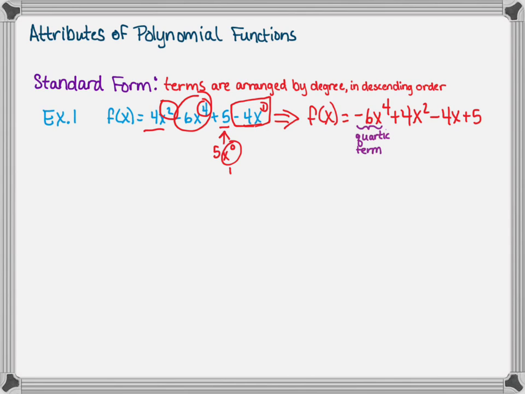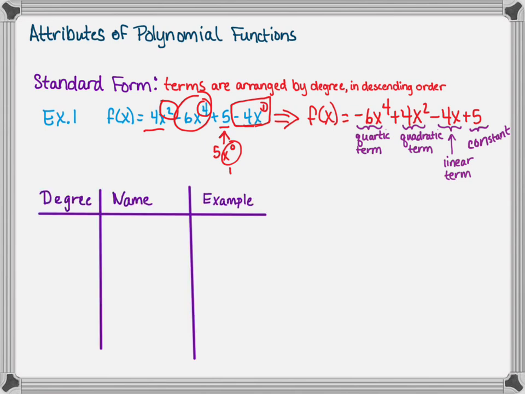We don't have a term that has an exponent of 3. That would be our cubic term. Our 4x squared is our quadratic term. Our negative 4x is our linear term. And our 5 is our constant term.